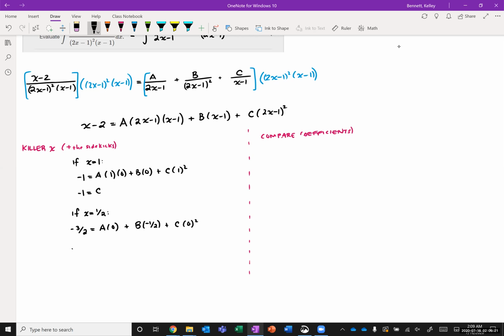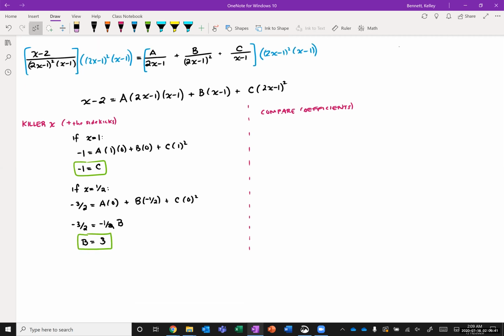So in this instance, I get negative 3/2 equals negative 1/2 b, so that b has to equal 3. So far I'm at c equals negative 1 and b equals 3. So I'm out of killer x's though. So I use my most useful sidekick, I guess, which is just 0.